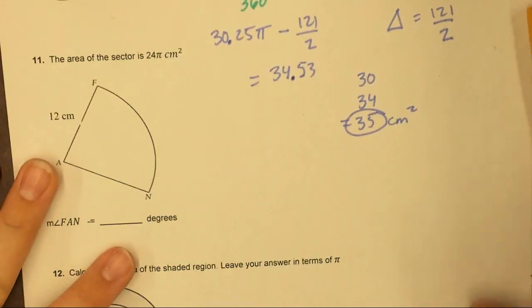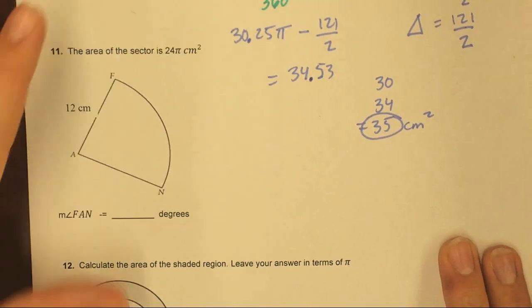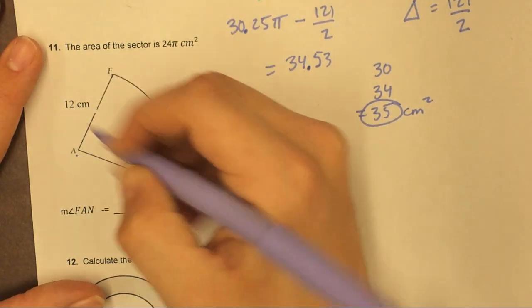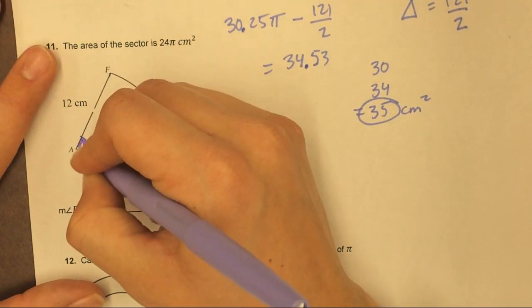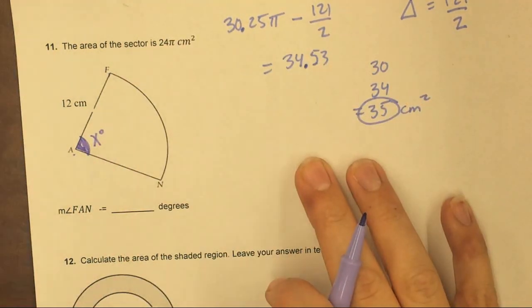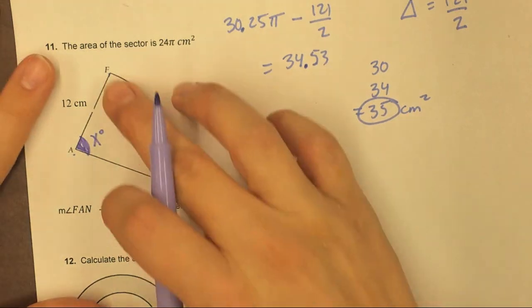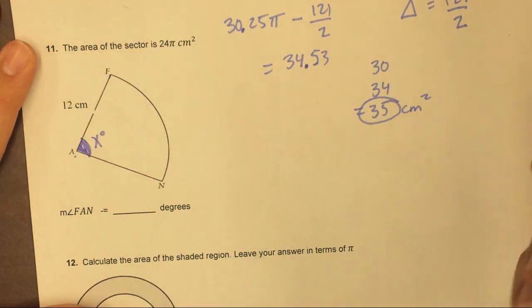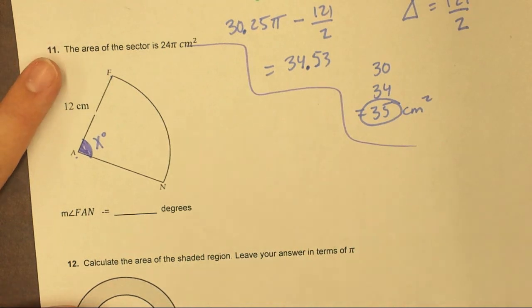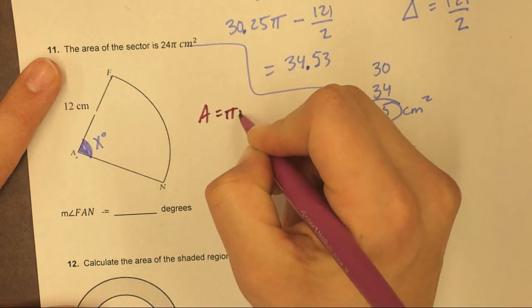Okay, 11. The area of the sector is 24 pi. Find the measure of angle FAN. So they want you to find this angle. Again, the area of the whole circle would have been pi times radius squared.